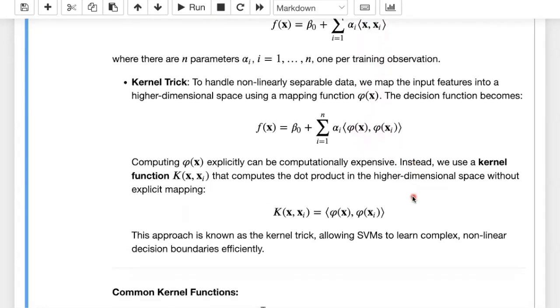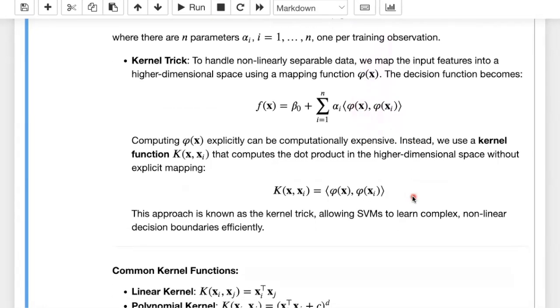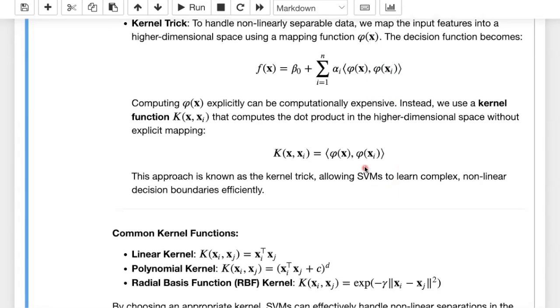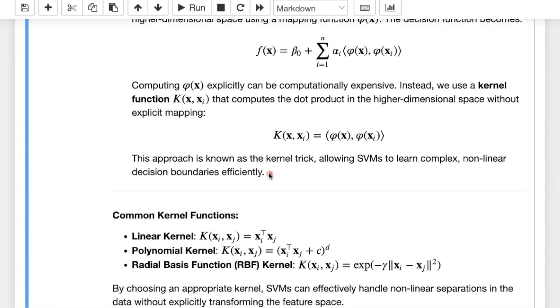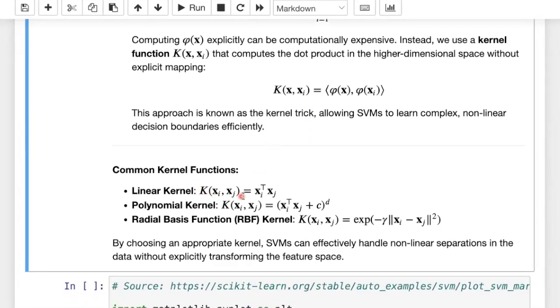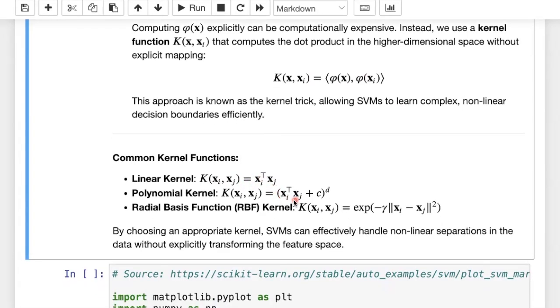And there's a very nice way of doing this using something called the kernel trick, where the only thing we really have to do is replace this dot product here with this kernel function, which in some sense measures similarity between x and xi. In the linear case, this kernel function is simply the transpose of the first vector times the second one, so the dot product. In the polynomial kernel, we have a polynomial function, so we find the dot product plus some constant, raised to some power d, so it's a polynomial.